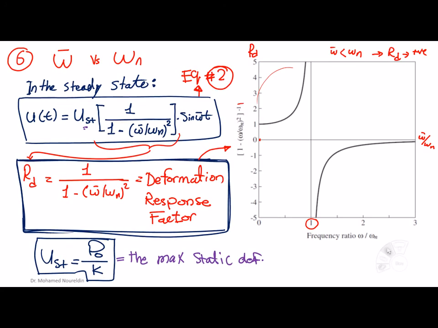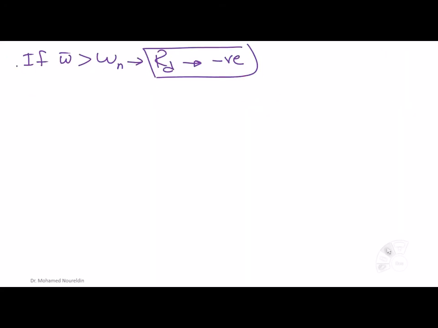Here we have omega bar over omega n, larger than 1. This means that RD is going to be negative from the equation, because we are here. So we are going to be in this quarter. This means that RD is going to be less than 0. This is the meaning of RD being negative.